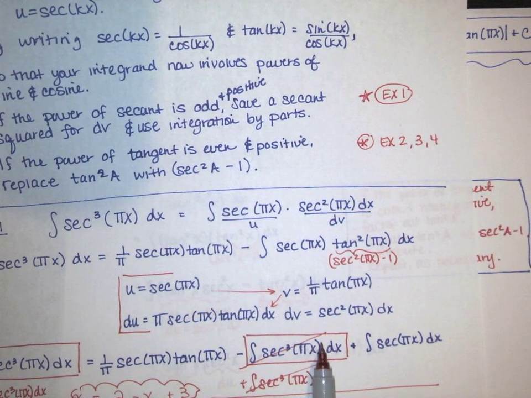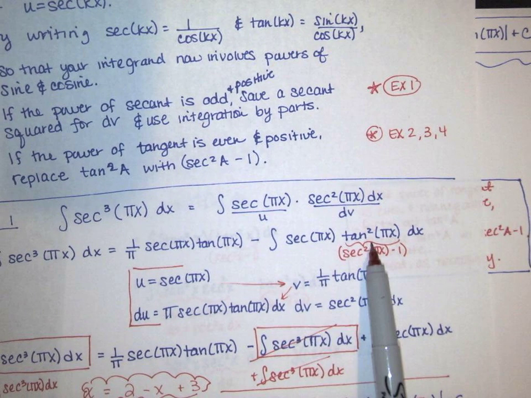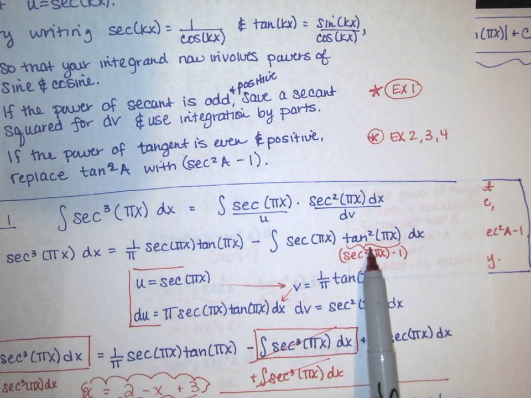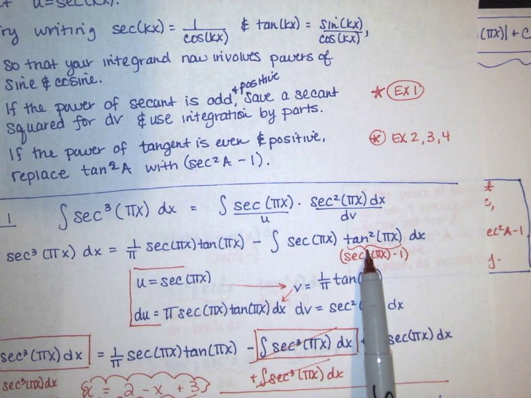And then once we have the secant cubed, we would have to use number 4. So with a problem like this, it's kind of mixed and a little bit hard to see. But you just try whatever you have. You try something on the list.